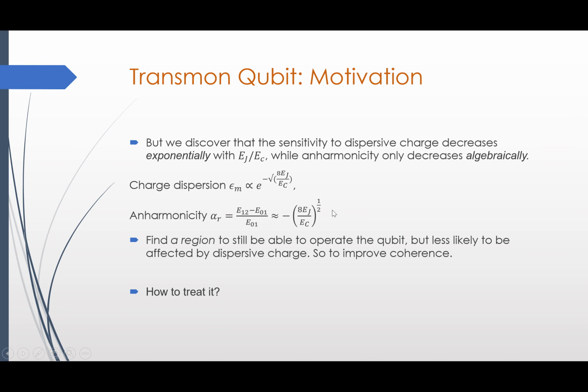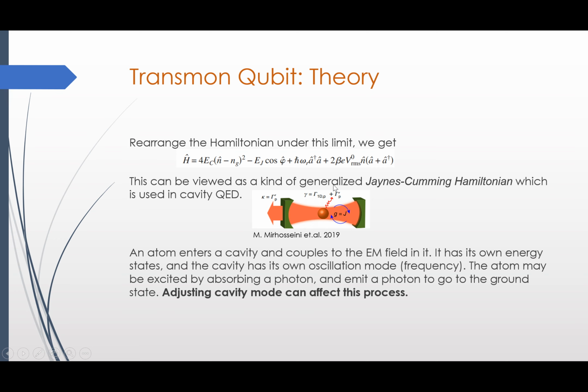So how do we do that? Well, we can rearrange the Hamiltonian under the limit of Ej much greater than Ec, and we can get this formula. This is very similar to the Jaynes-Cummings Hamiltonian in cavity QED. So we can make an analogy to that.